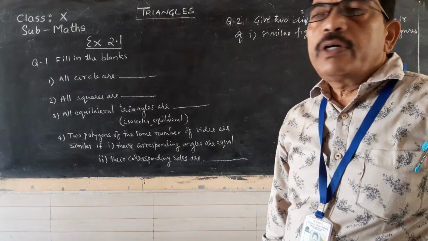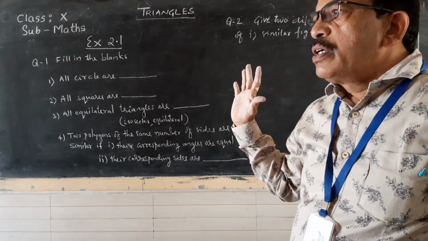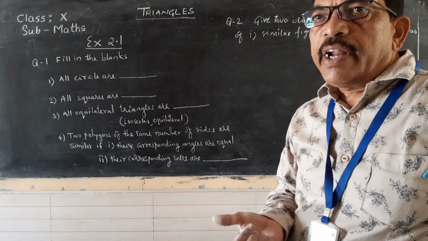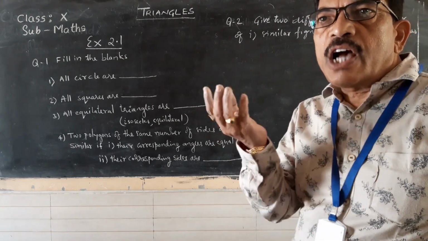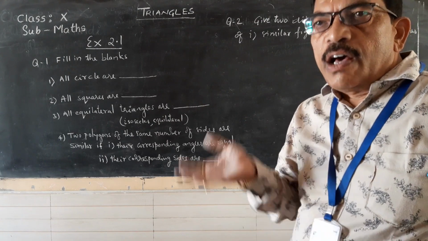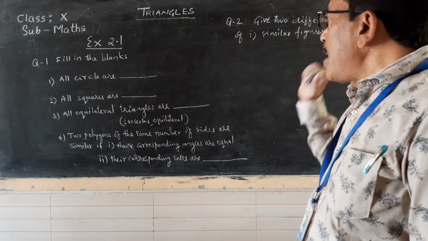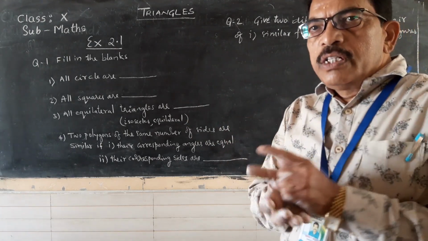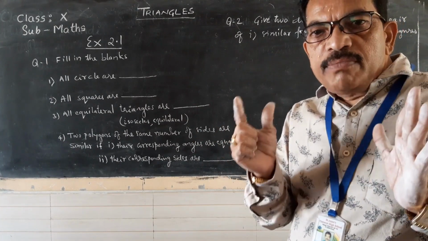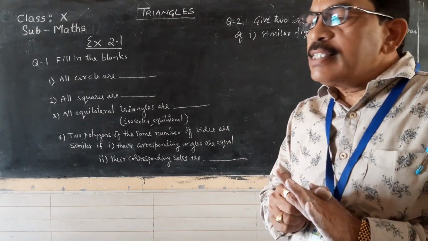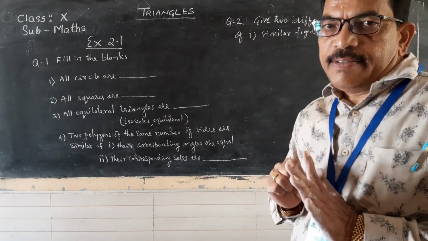Okay, my dear students, so far we have discussed triangles, the types of triangles, similar figures and congruent figures, and also we have defined what similar triangles are. This small topic has one exercise, the first exercise of the chapter Triangles.